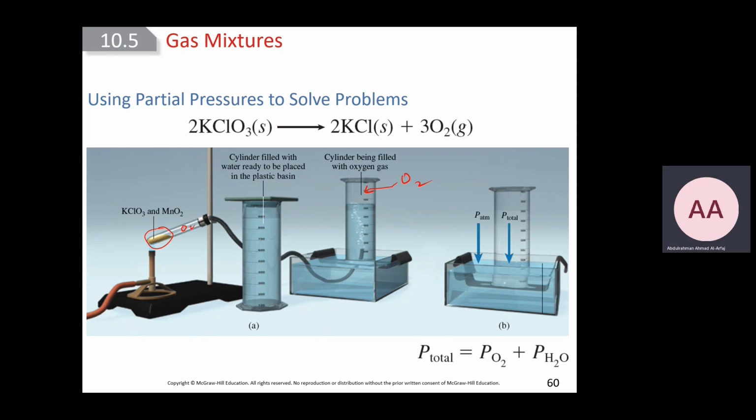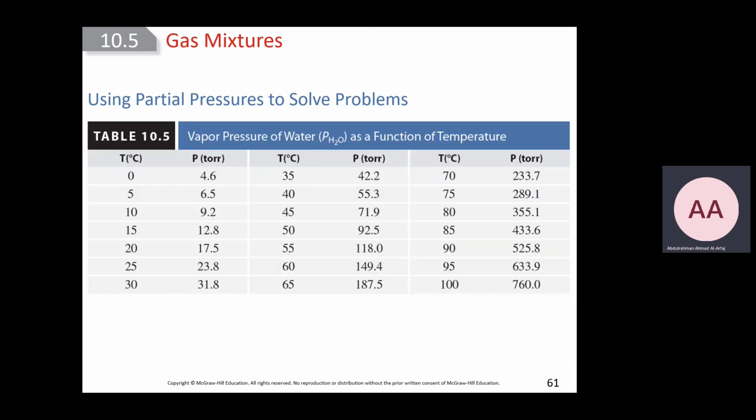Then the gas will have pressure. The water will also always have pressure, and that's why the P total is the pressure of O2 plus the pressure of H2O. The pressure of H2O is constant at a certain temperature, and we can get the pressure of H2O from this table, which you don't need to memorize.